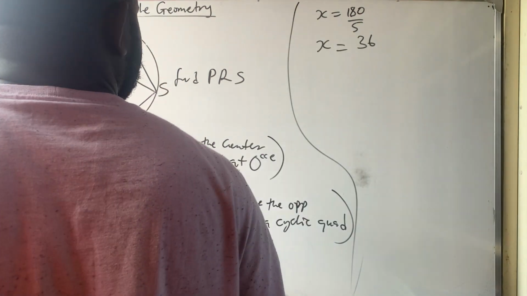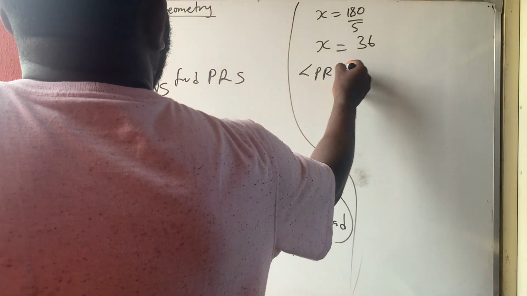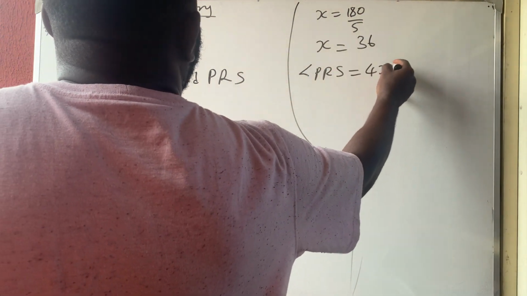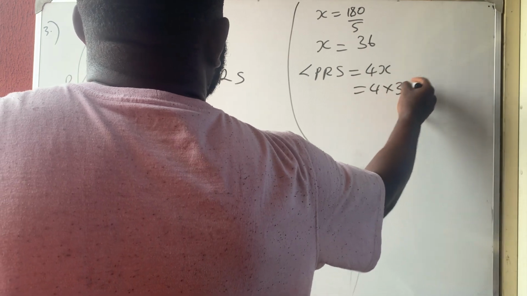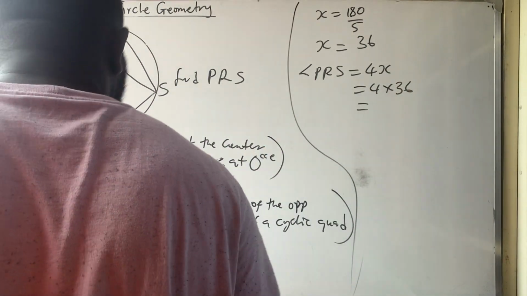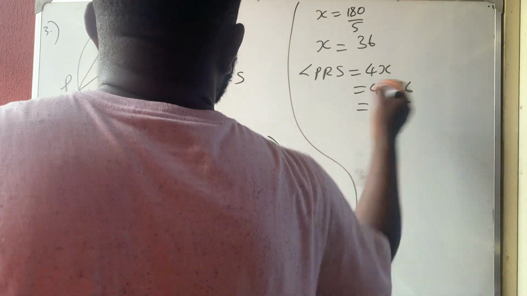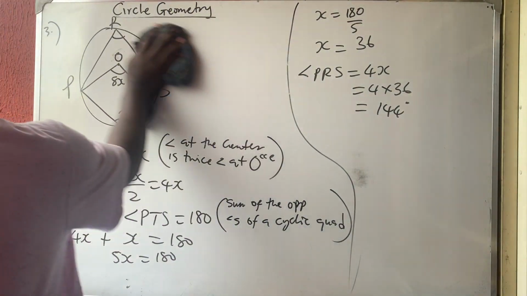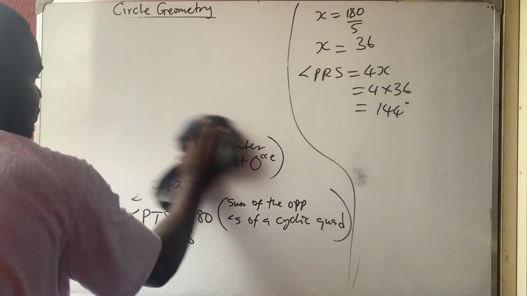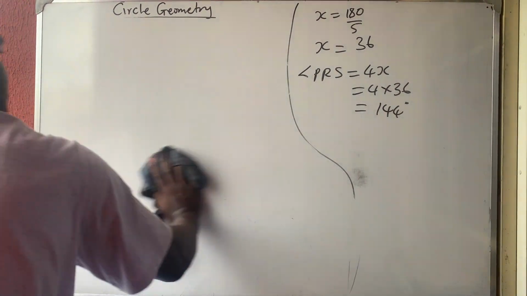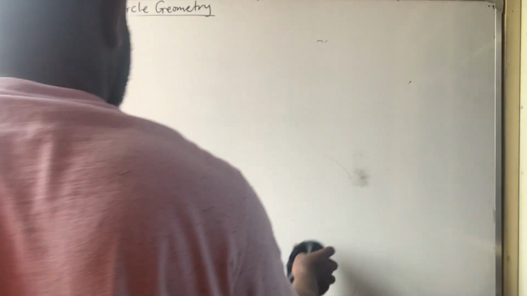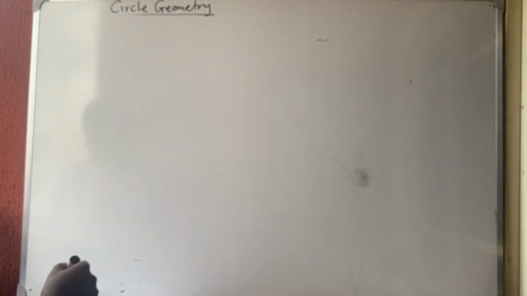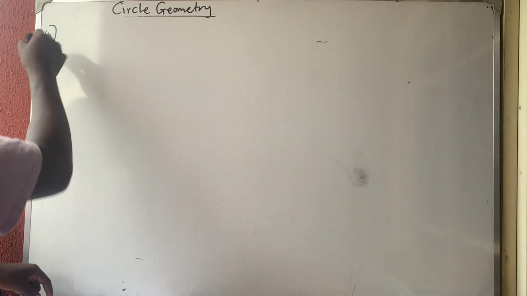But I'm not looking for x, I'm looking for angle PRS, and angle PRS is 4x, which is 4 times 36, and that will give you 144 degrees. As simple as that. Okay, right? So question number 4.